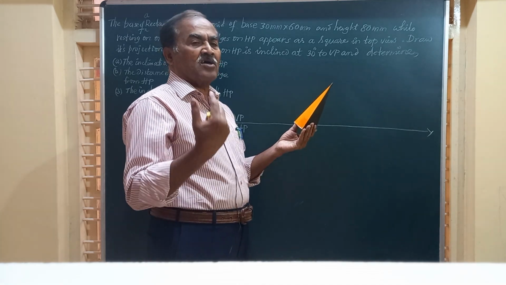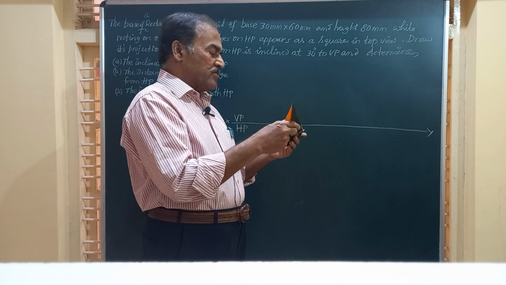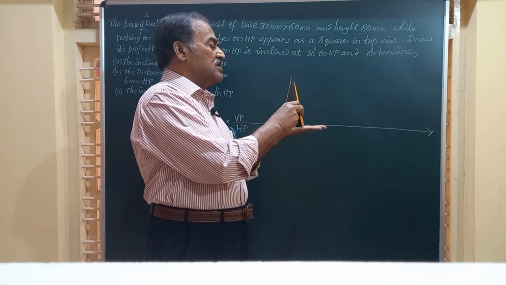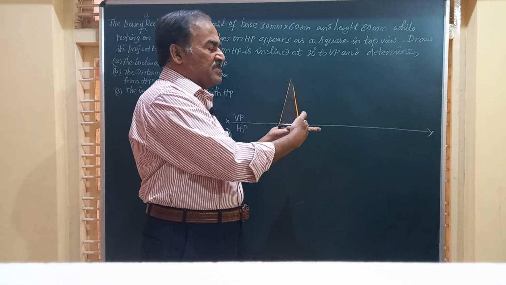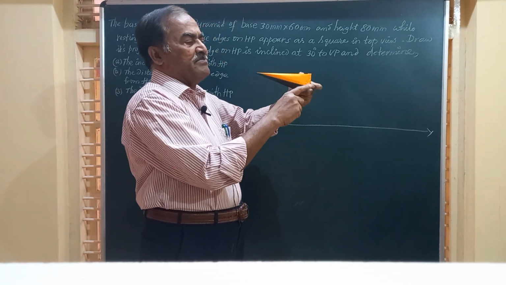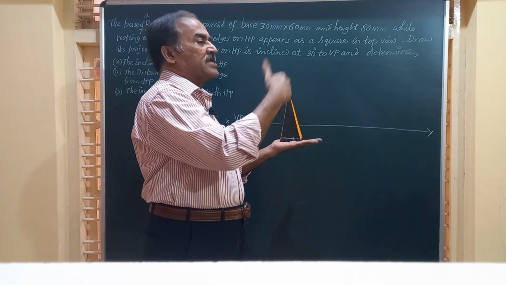So what is the other alternative left? That is, you have to place the object on HP on its base, such that one of the shorter edges, that is 30 millimeter side, is to your right side.